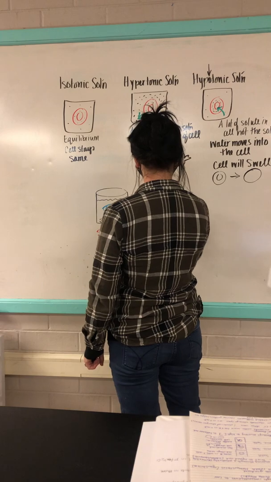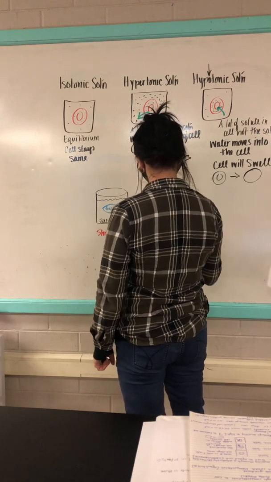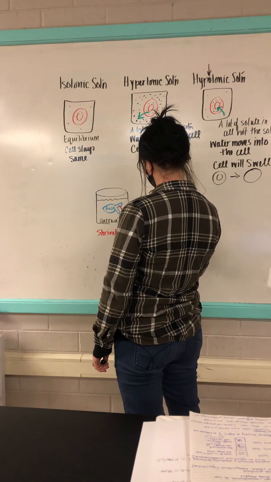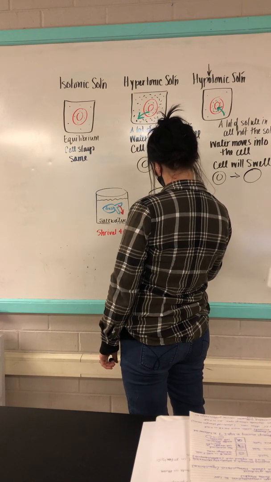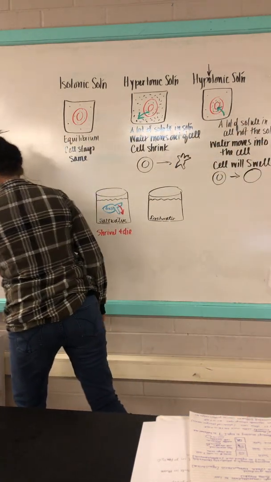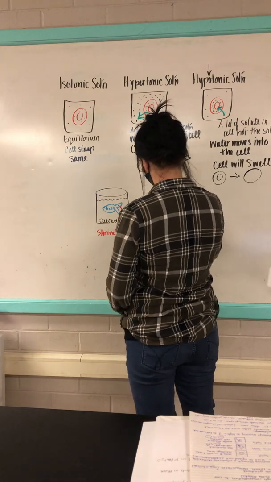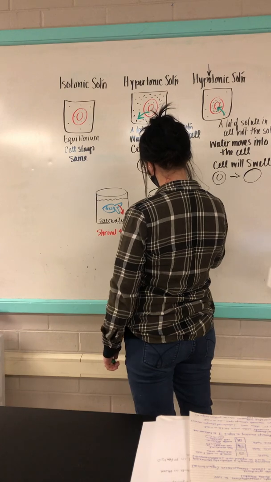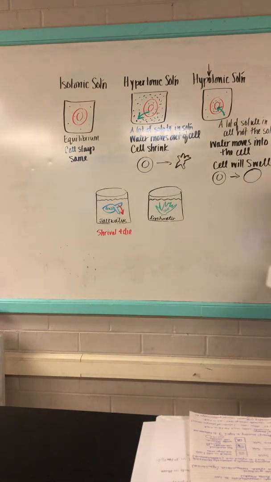Okay, if we have another container, and we've got water in here, but this is going to be our fresh water. And we're going to put a saltwater plant in the fresh water. What's going to happen? How's the water going to move?